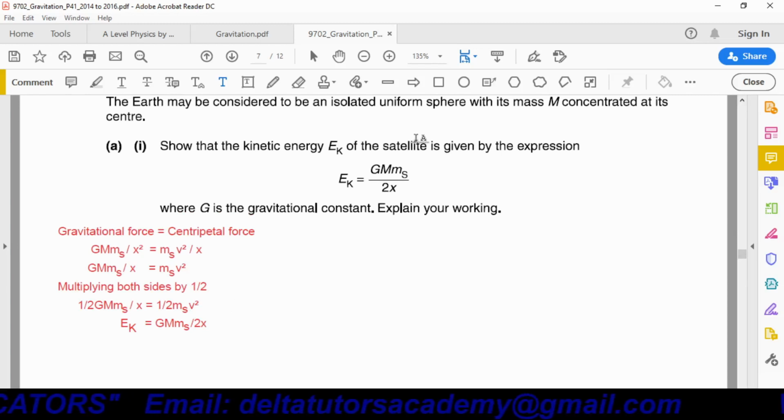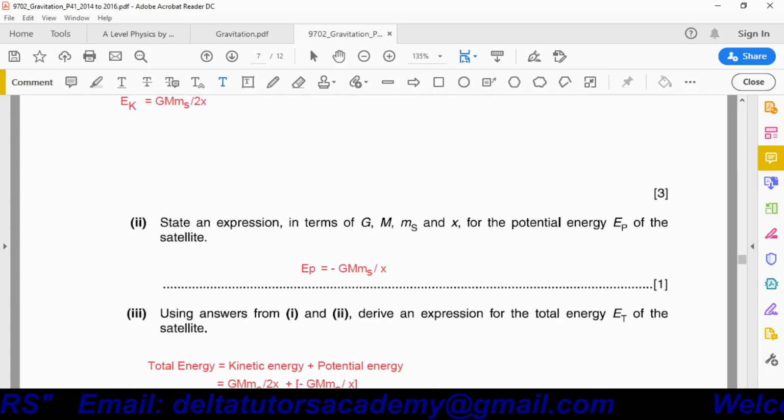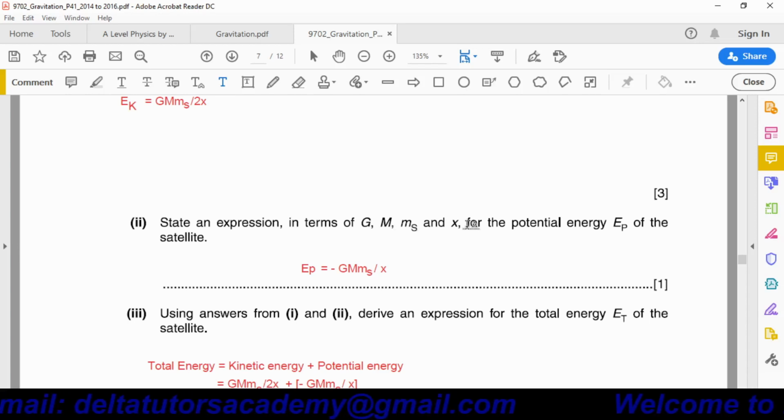Okay, the same equation we have derived. State an expression in terms of G, capital M, small ms and x for the potential energy Ep of the satellite.